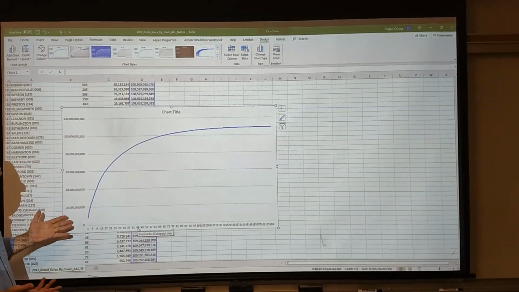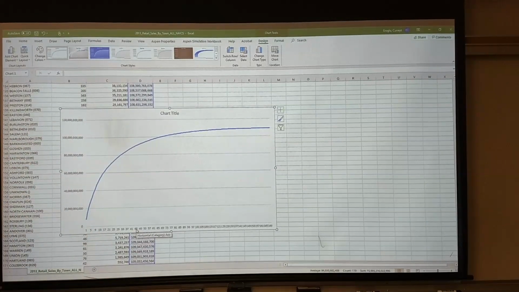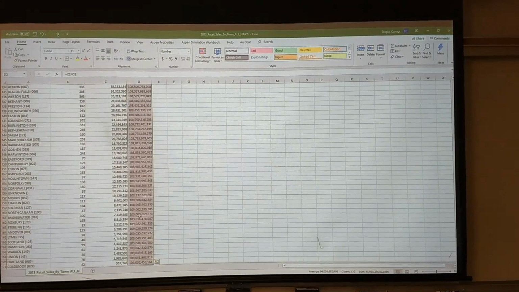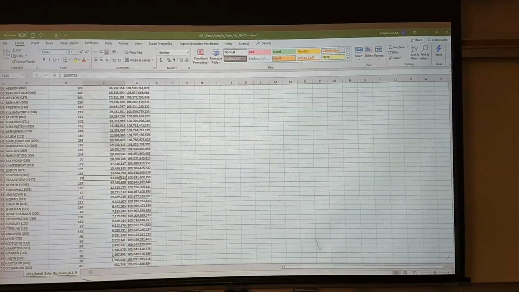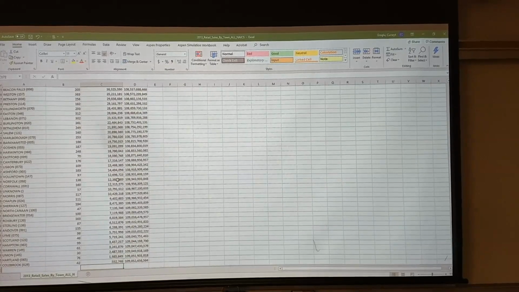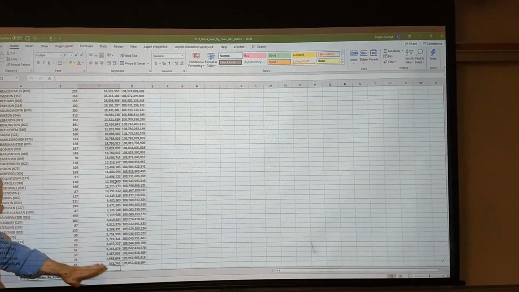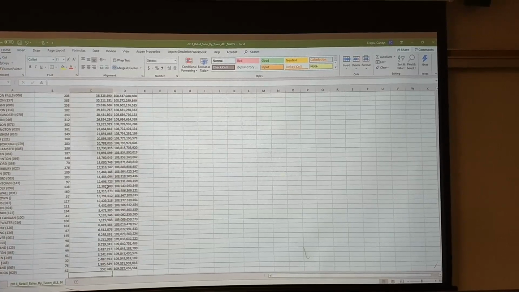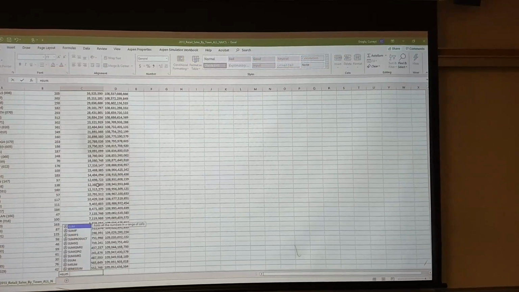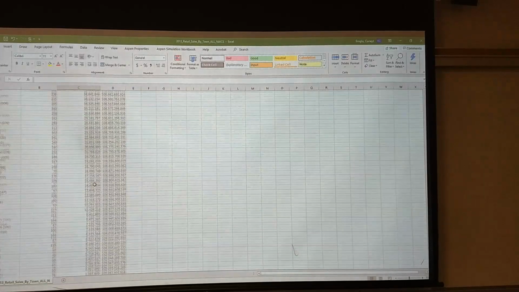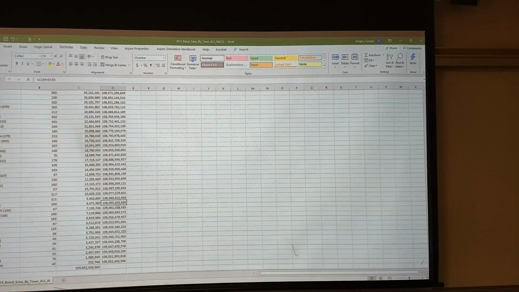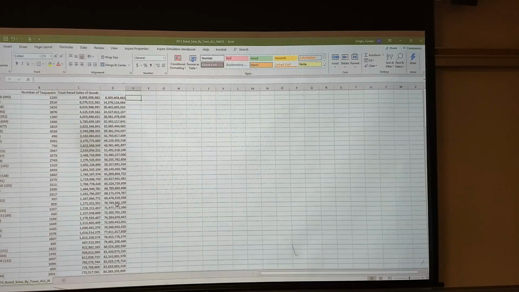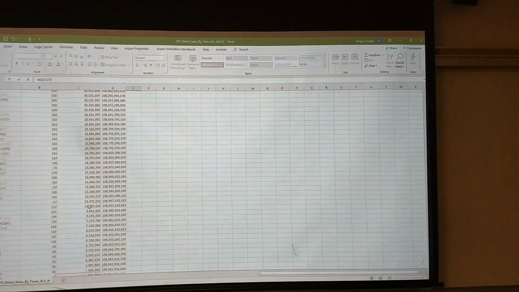So how do we do the percentages? To convert this to percentages, we do this. Here, this is the last municipality, and I calculate the sum of all municipalities. So this is the sum of everything. And then the percentage here will equal this particular cumulative divided by this here.